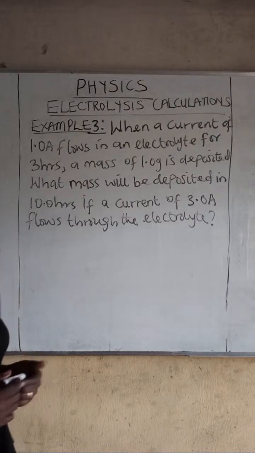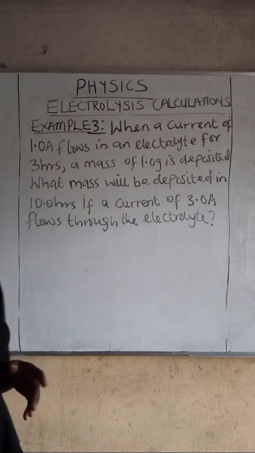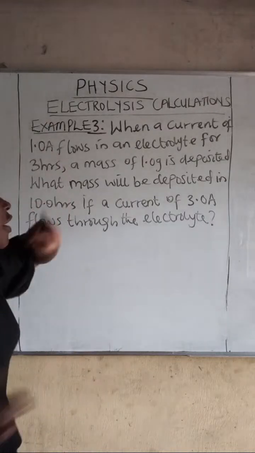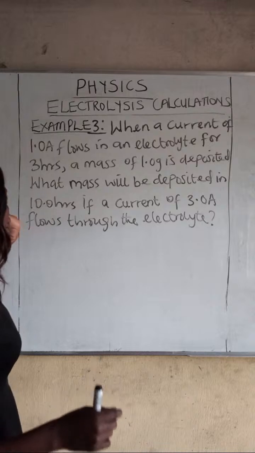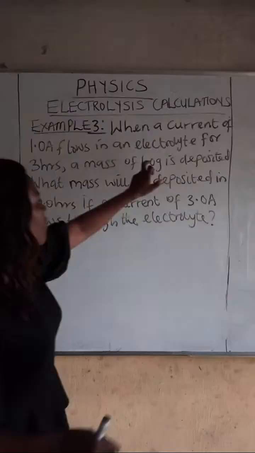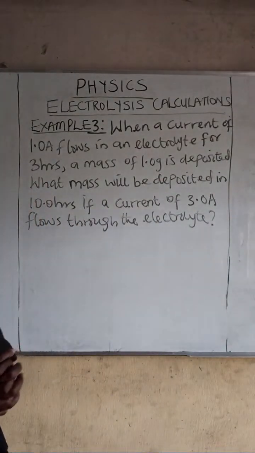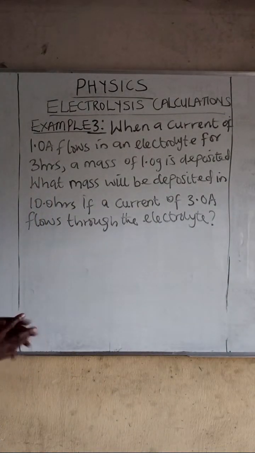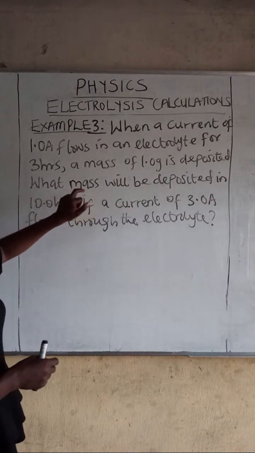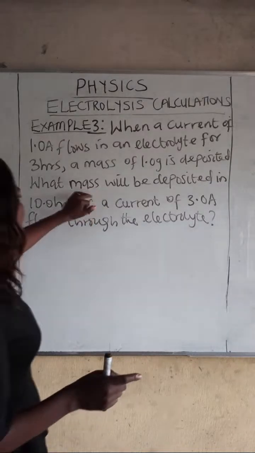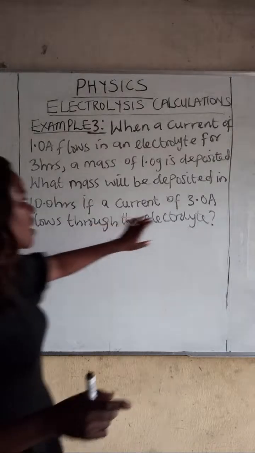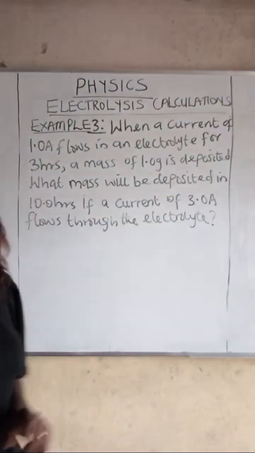Now, in this question, what we are going to do is to state our parameters. We have two different currents, the times, and the masses. We are asked to find the second mass, and the second time is 10 hours, and the current is 3 amperes.